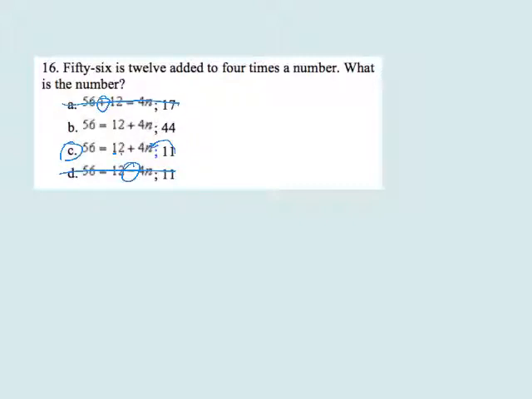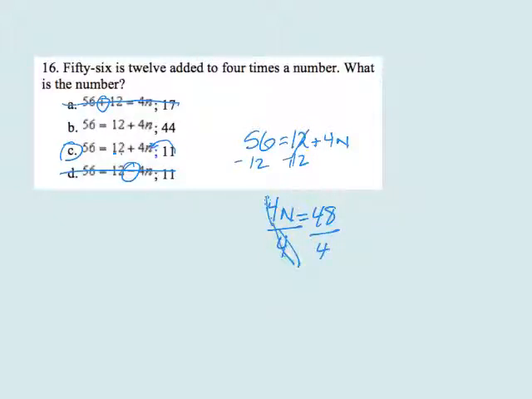It's letter C. Again, you could do it the old-fashioned way, where you subtract 12, and you get 4n is 48, and you divide by 4, and you get 12. But I think it's easier to do it the first way.